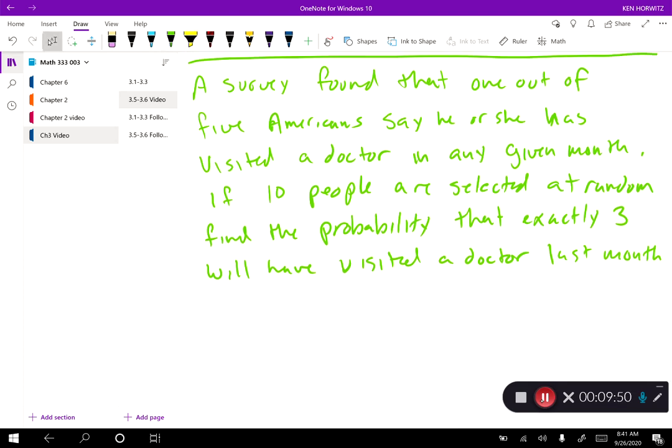So let's take a look. So my little p, I'll switch colors. My little p is going to be what? 1/5, because they say 1 out of every 5 Americans say he or she has visited a doctor. My x is going to be 3, because that's what we're looking at, the probability that 3 people will have visited the doctor. My q equals 1 minus p, so that would be 4/5.